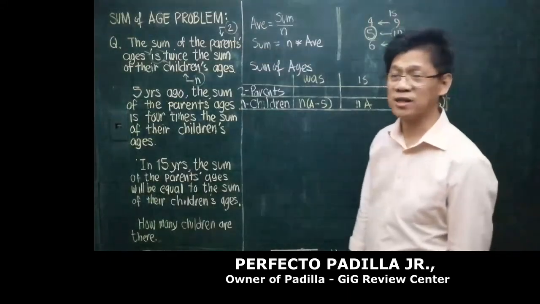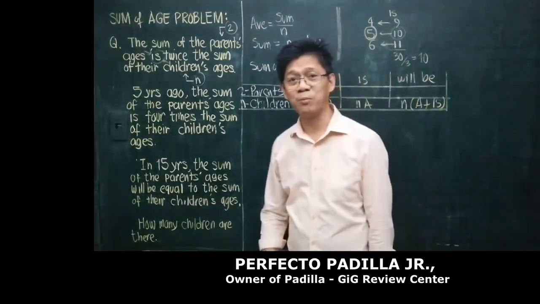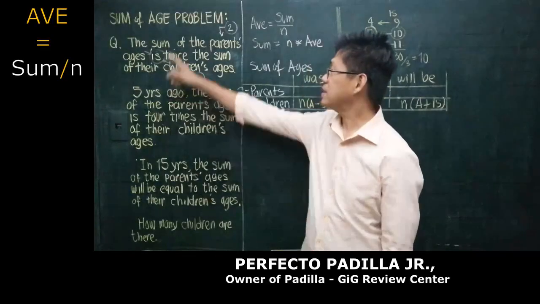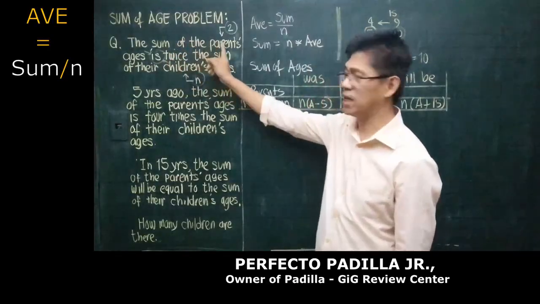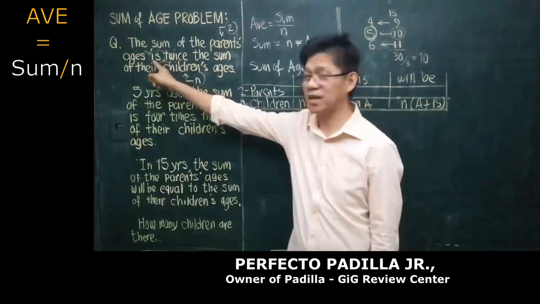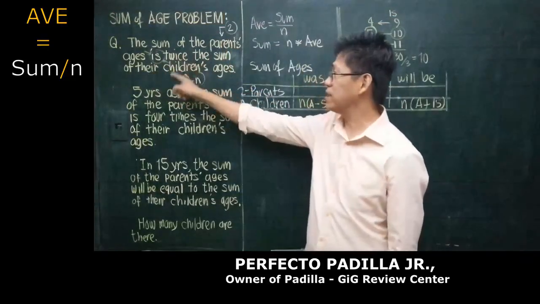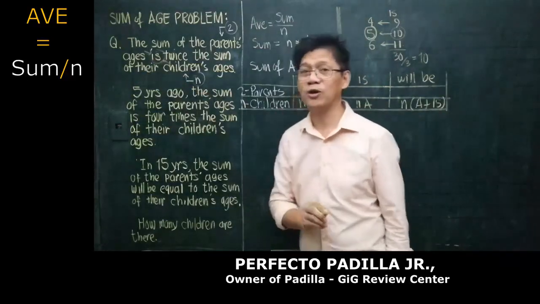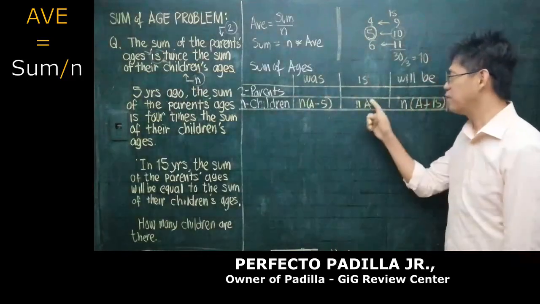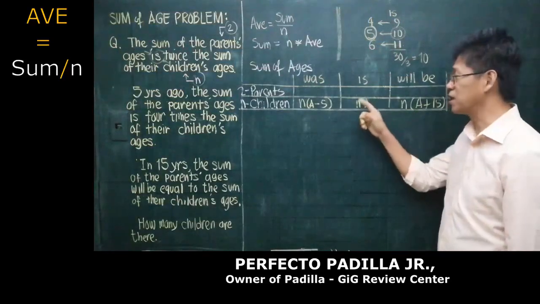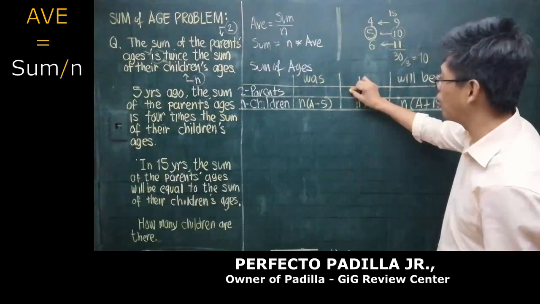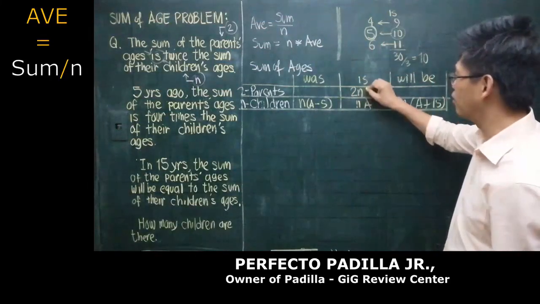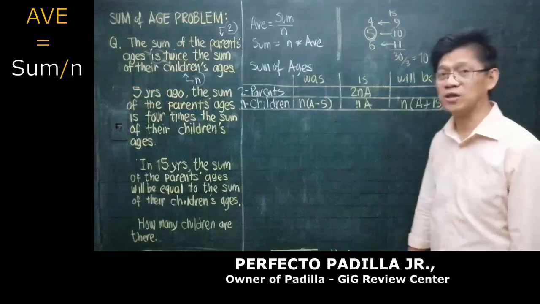Let us interpret the statements of the problem paragraph by paragraph. The sum of parents' ages, meaning at present, is twice the sum of their children's ages, understood to be also at present. If this is the sum of children's ages at present, the sum of parents' ages is twice that of their children. So this is 2 n A.